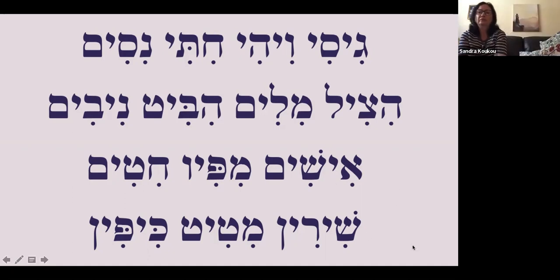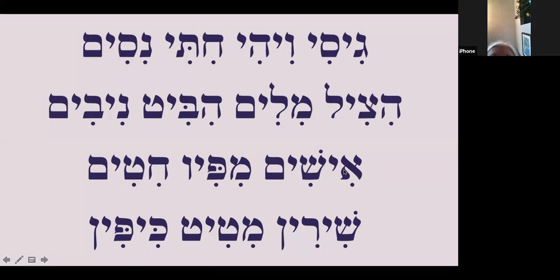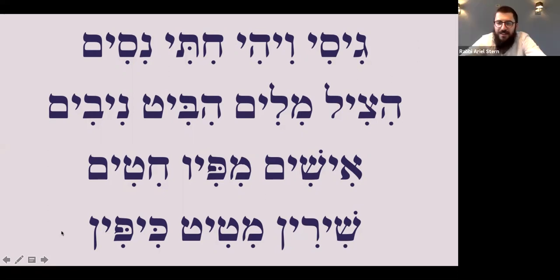Thank you. Deborah, would you like to do the last 2 lines for us? Okay. Michelle, take the last 2 lines. Go. Ishim, mipiz, chitim, shirin, mitit, kipin. Thank you so much. Wonderful.